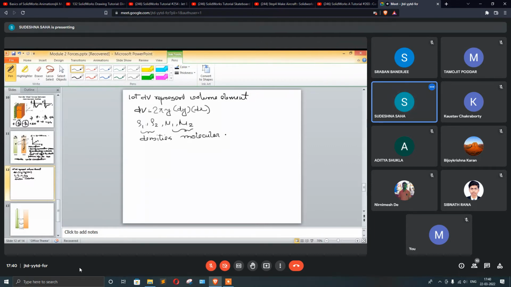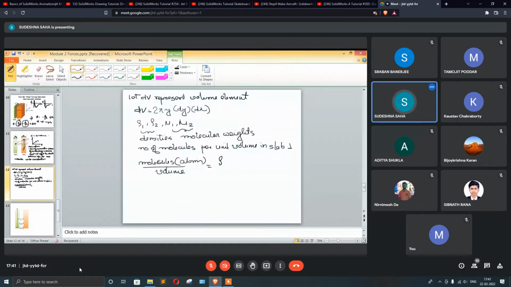So we can write the number of molecules per unit volume in the slab, given by molecules or atoms divided by volume, which will be equal to rho 1 into Na divided by M1.